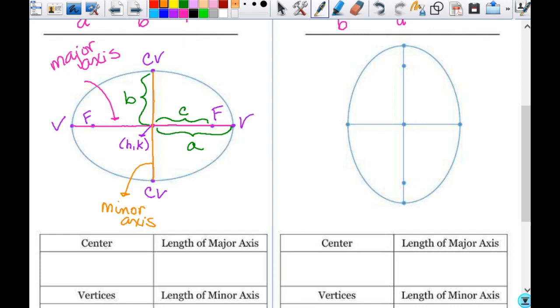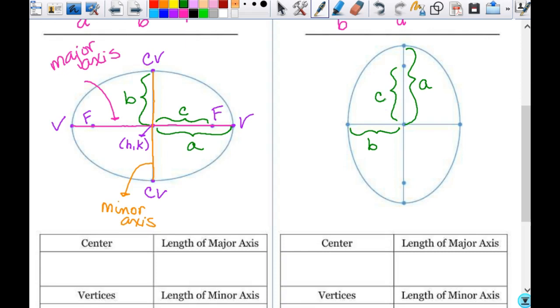Kind of label a few things over here, but not everything again necessarily. On this one, when we have the vertical orientation, what is this length right here? It's vertical. This is your b, because this is your co-vertex. This distance is your a, and this distance is your c.